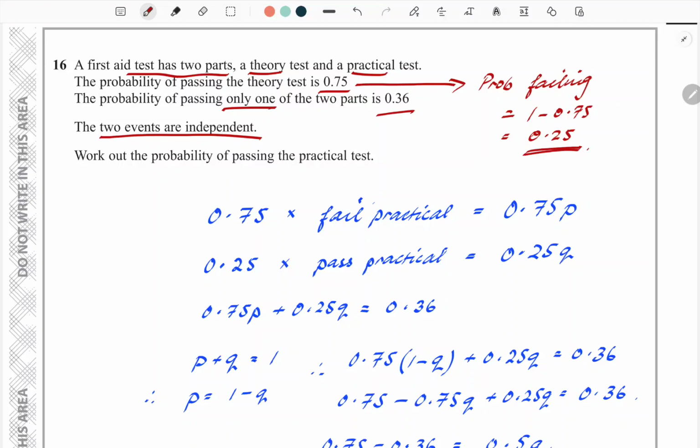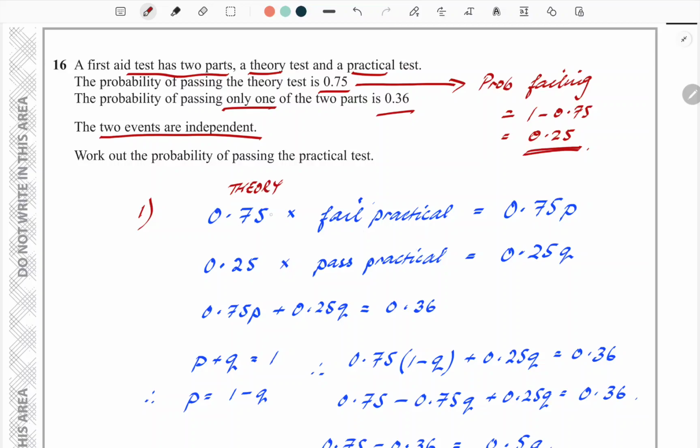Now, if we are passing only one of the two, then we have to look at the two scenarios. First one is where we pass the theory and then fail the practical. So that's the theory, and the second part is the practical.